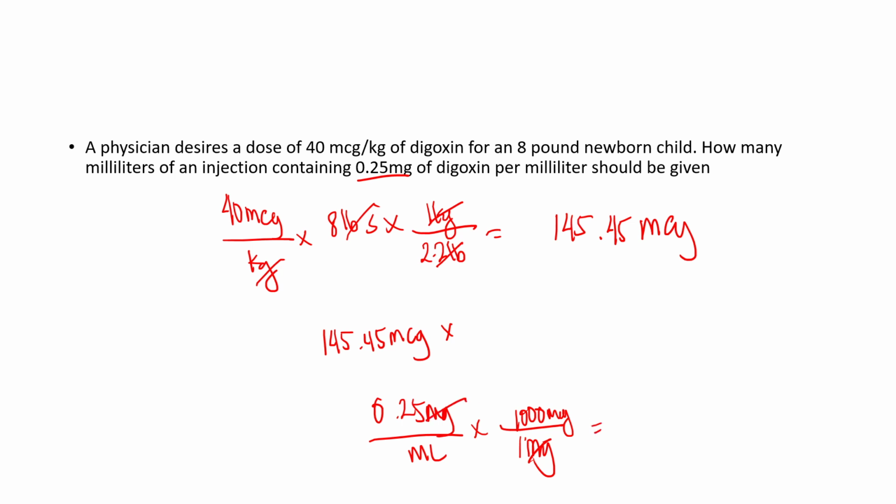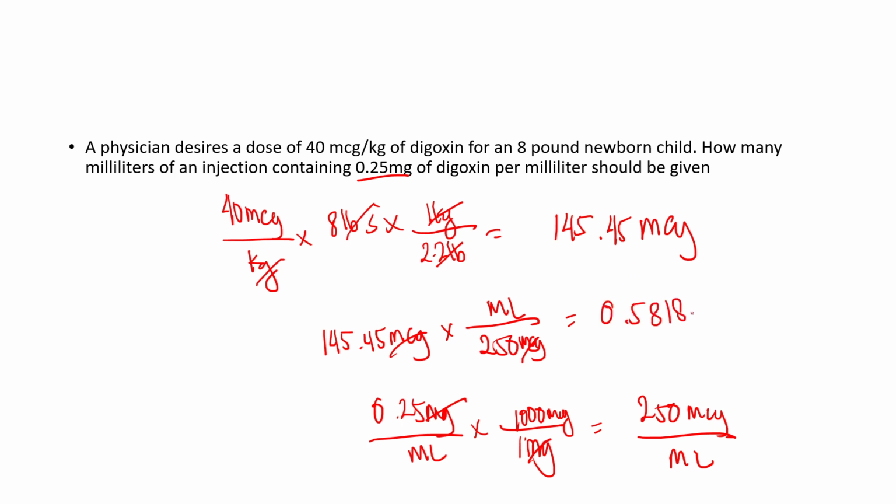We will have 0.25 times 1000. It is 250 microgram per ml. So 145.45 divided by 250, you only need 0.5818 milliliters of injection. So half an ml would be injected.